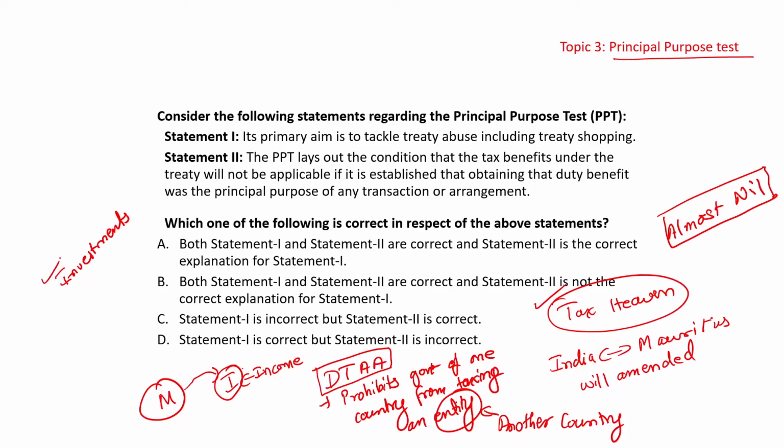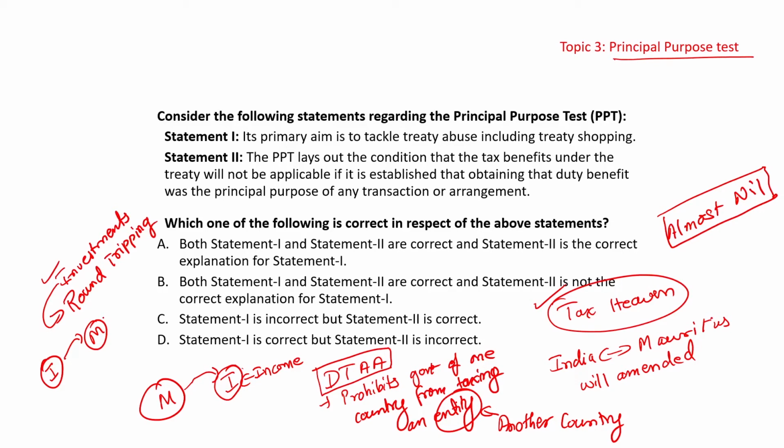Again, nothing wrong in it. But these investments, what has been observed with respect to tax havens, are based on another phenomenon called round tripping. Now what is round tripping basically? Round tripping is you earn black money in India, you transfer it to Mauritius.